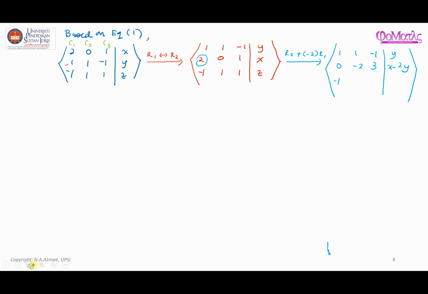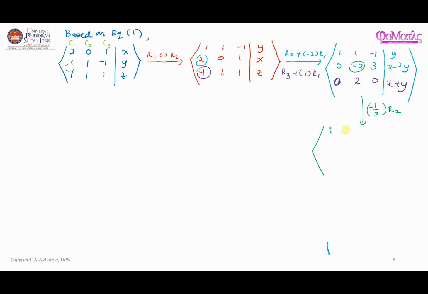Oh, sorry. Also, we need to change this entry to 0, so I'm just going to do it straight away. Here I have R3 plus 1 R1: -1 plus 1 is 0, 1 plus 1 is 2, 1 minus 1 is 0, and Z plus Y. Next, I'm going to turn this into a value of 1, so negative 1 over 2 times the second row.